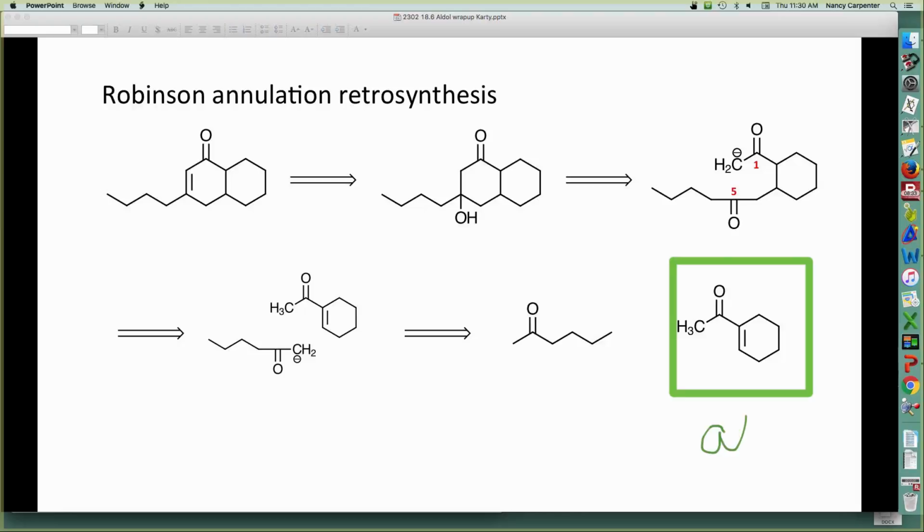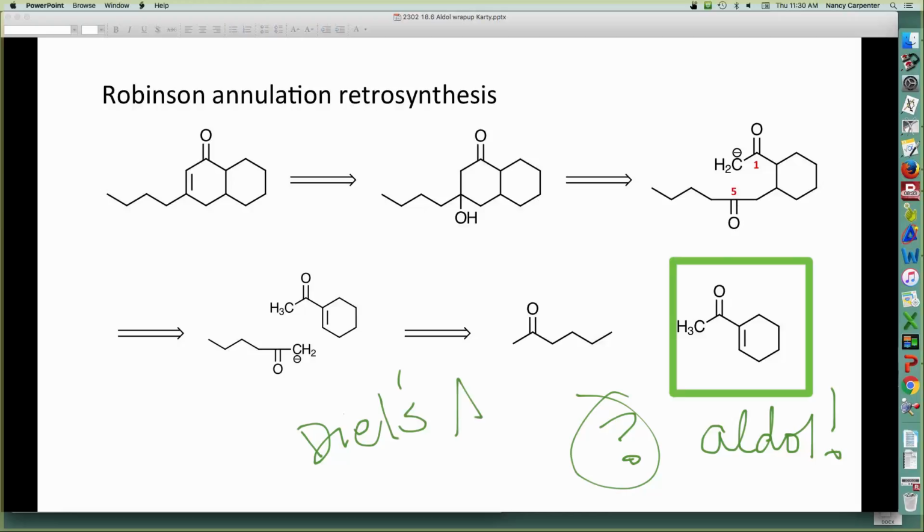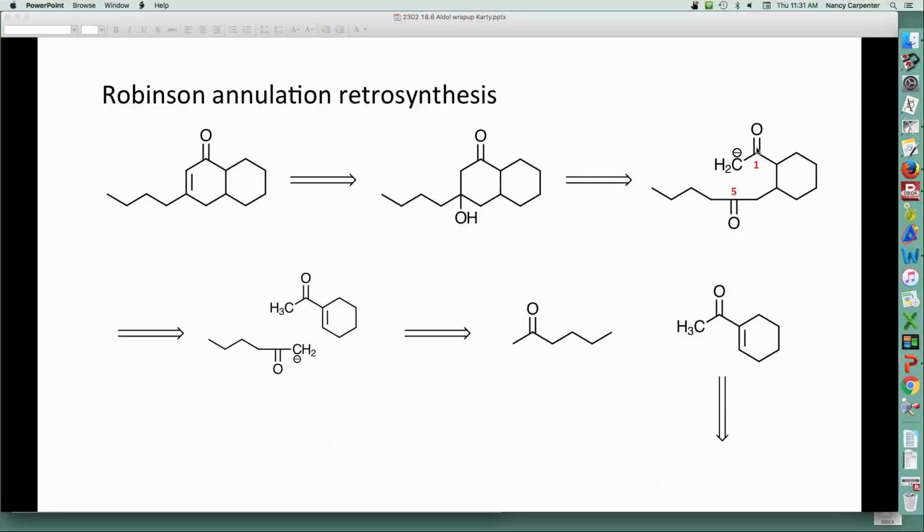So I could make this by an aldol. So you might want to think about that. You can just keep going backwards even more. Or how about a Diels-Alder? That would be a good choice too. So you can just keep having so much fun with synthesis, like a kid in a candy shop.